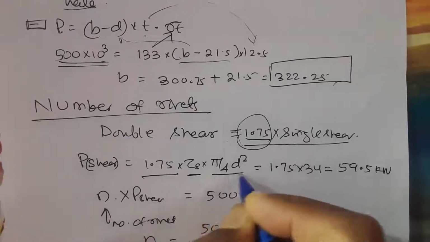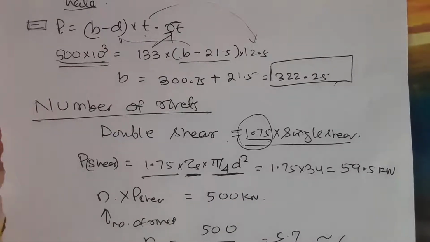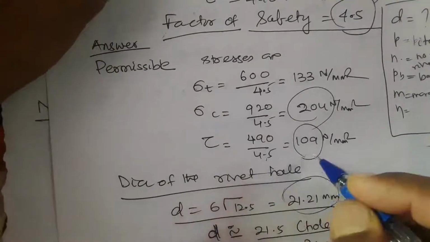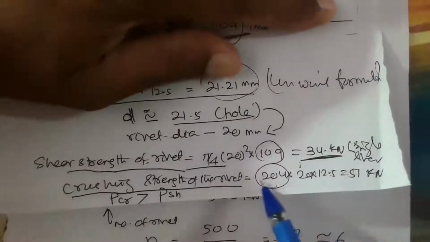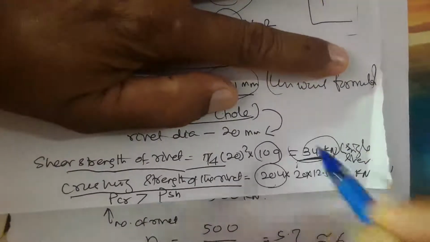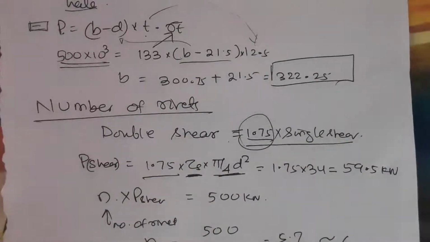The pi by 4 d square is the area, and tau is the material property. That tau s we have found out to be 490 by 4.5, it is 109. When you find out the shearing strength in this case, it comes out to be 34 kilonewton for single shear.